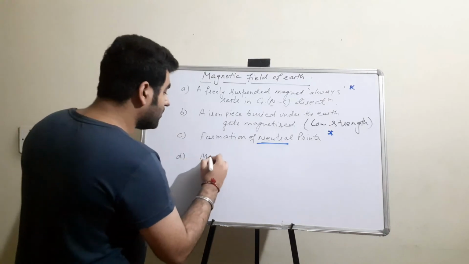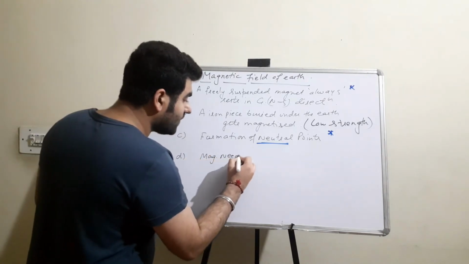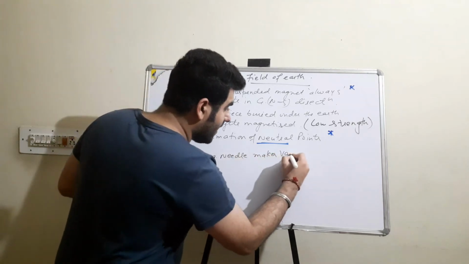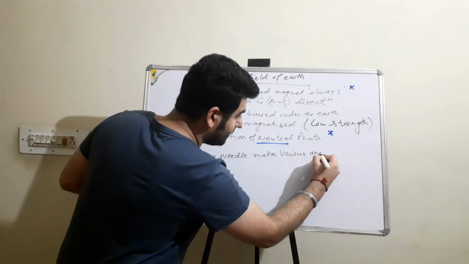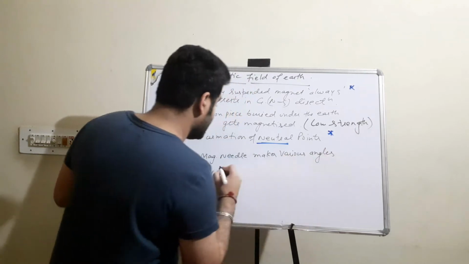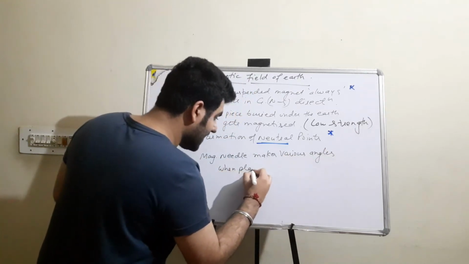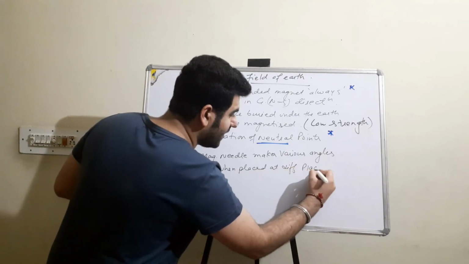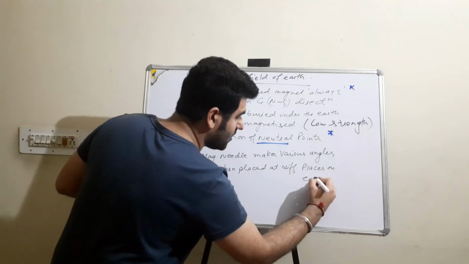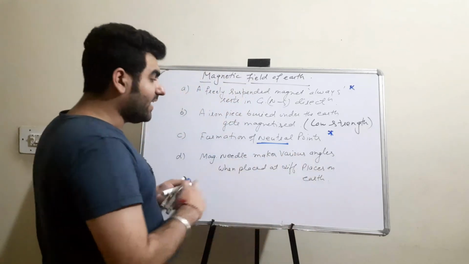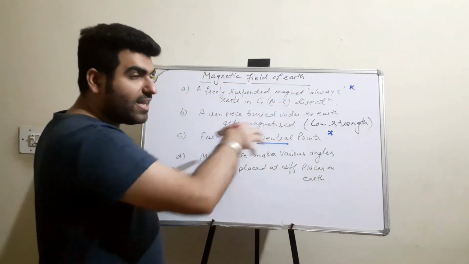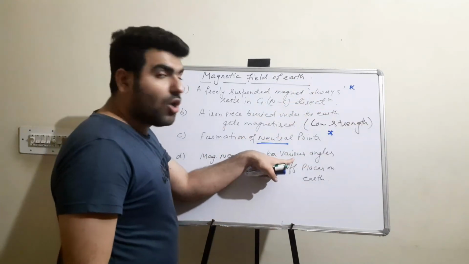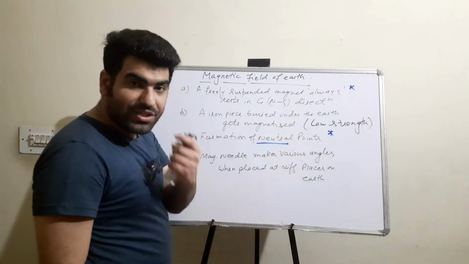The next thing is about the magnetic needle. A magnetic needle makes various angles when placed at different places on Earth. If we take the magnetic needle and place it at various positions across the entire globe, it will not always point towards the north-south direction.